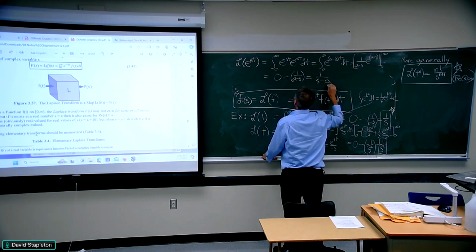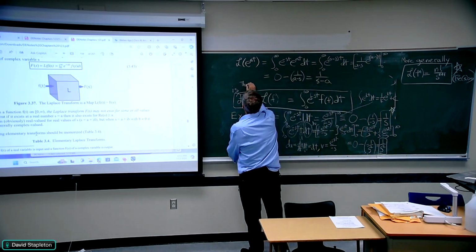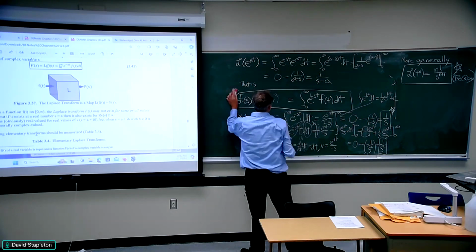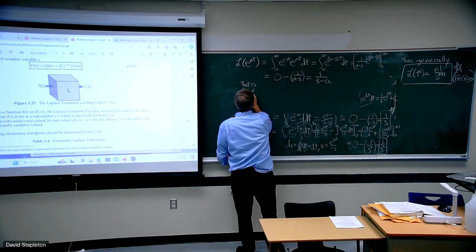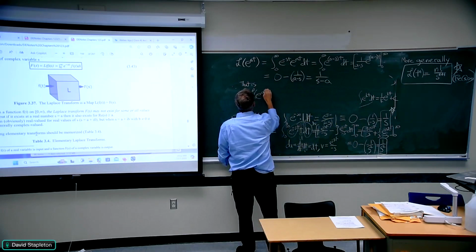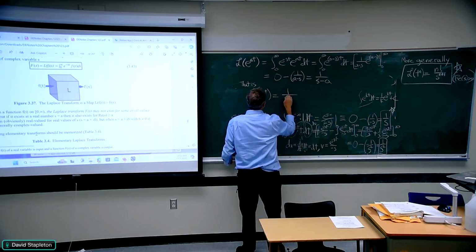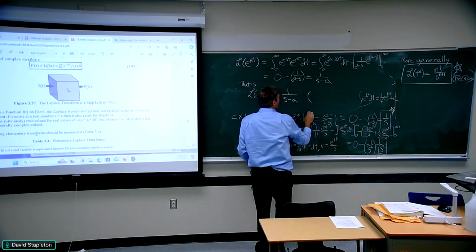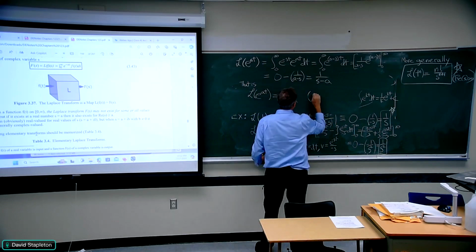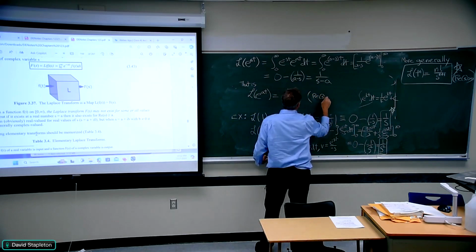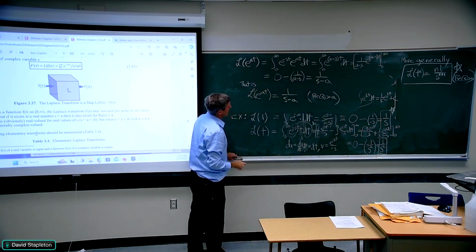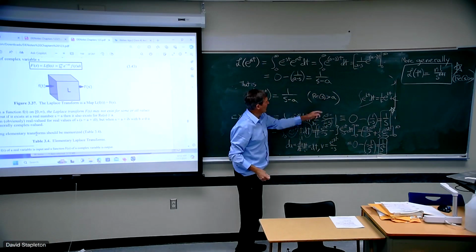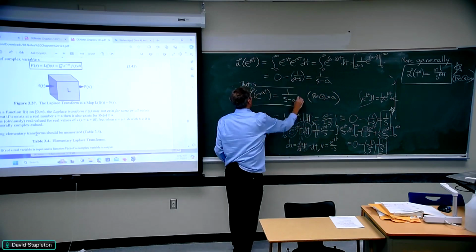And so you get this theorem that the Laplace transform of e to the at is equal to 1 over s minus a, but this one only applies for real part of s greater than a. And this is sort of a technical term. The important thing is to memorize this part.